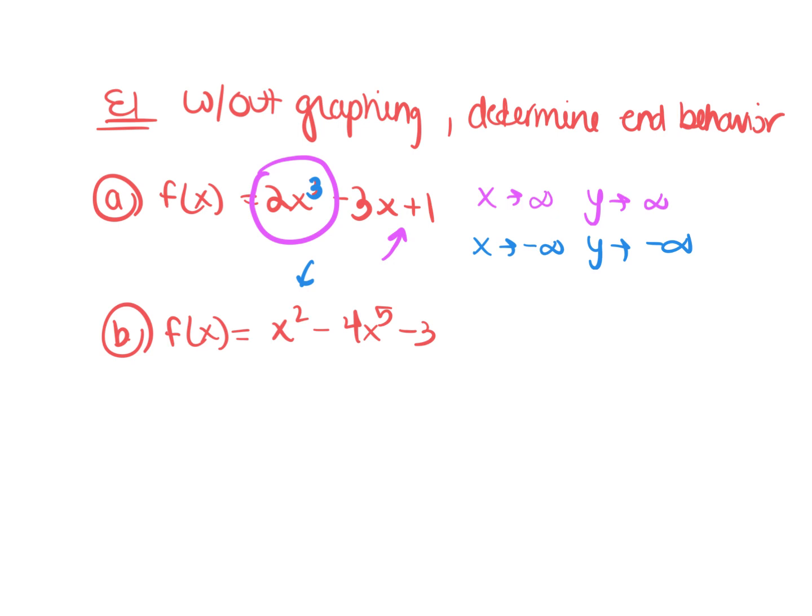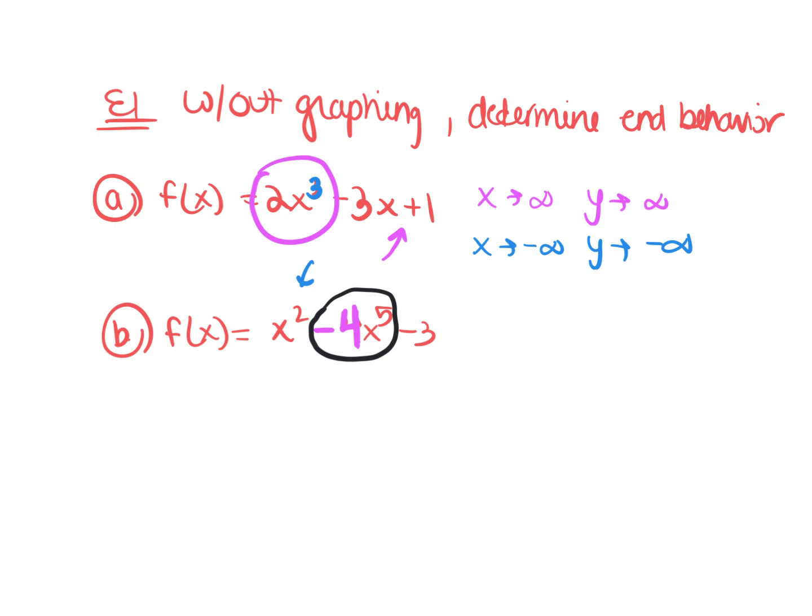Okay? Now, part B, notice it's not in descending order of your exponents. This is technically the term we're looking at. Okay? So negative 4 is actually our leading coefficient. And this is the one we're looking at because it's the one with the greatest degree, or the greatest exponent.